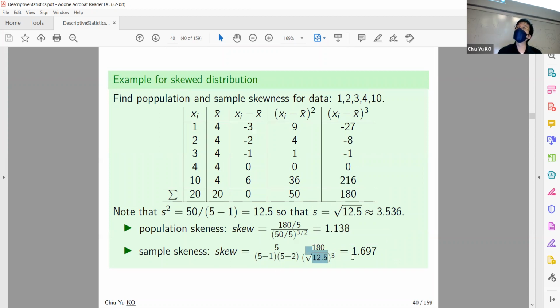So this is the answer. You put it in Excel and it automatically gives you 1.69397. You can easily see the sample one is much bigger than the population one, and you would expect this one is a better measure. Is that okay? It's just saying that it's skewed on the other side.